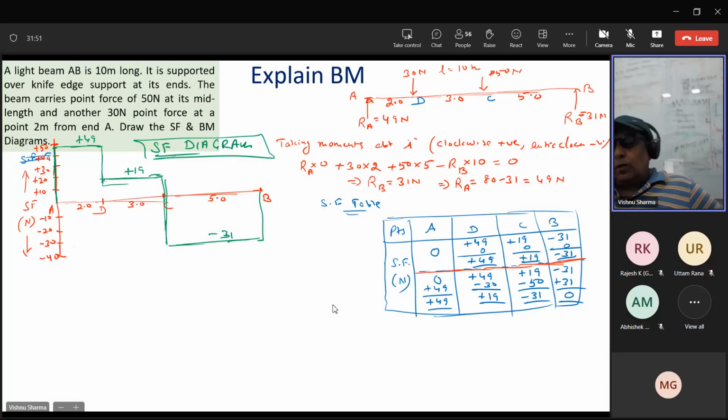What is the criteria for that? It is a very simple criteria. Number one, all the points at which SF was calculated qualify for BM by default. Whichever points you had calculated the SF, by default, they get picked up for BM.